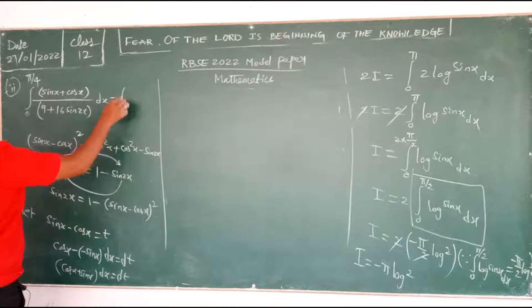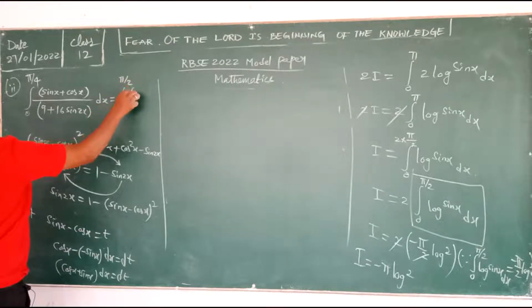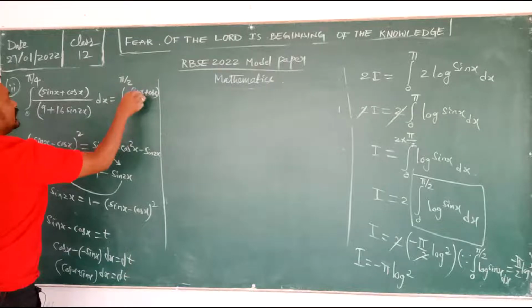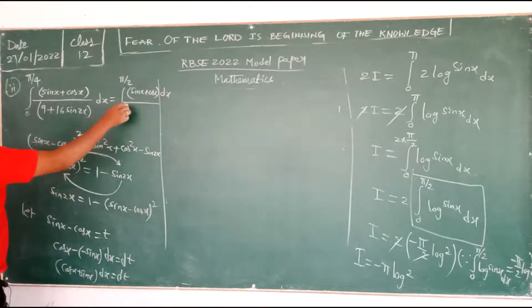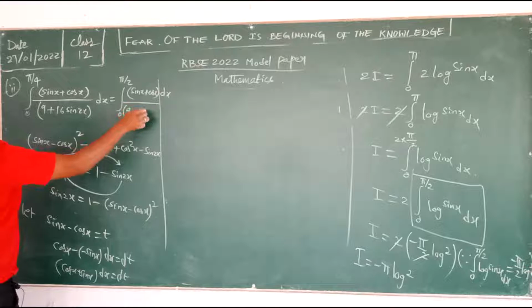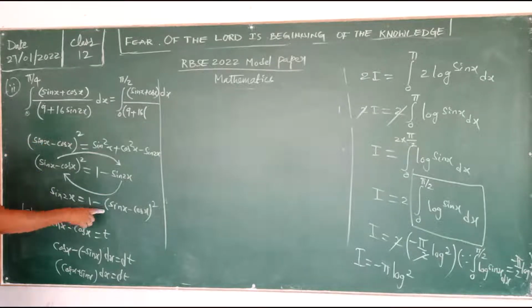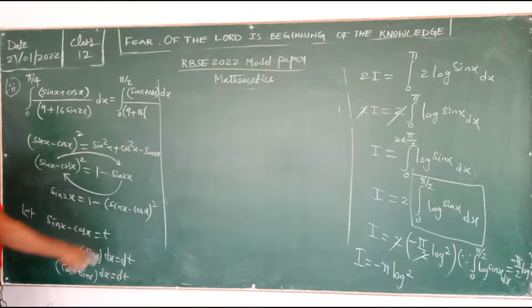I'll write here 0 to pi upon 2, sin x plus cos x into dx upon 9 plus 16 into sin 2x. Sin 2x we can write as 1 minus sin x minus cos x whole square.